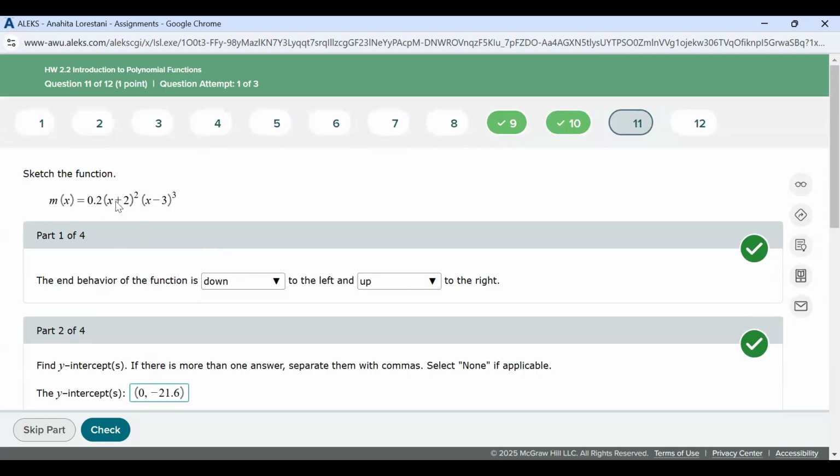So if I put 1, 1 plus 2 is going to be 3 to the power 2. And 1 take away 3 is negative 2. Negative 2 to the power 3 is negative 2 times negative 2 times negative 2, which is negative 8. So we have negative 8, 1 plus 2 is 3, 3 squared is 9.